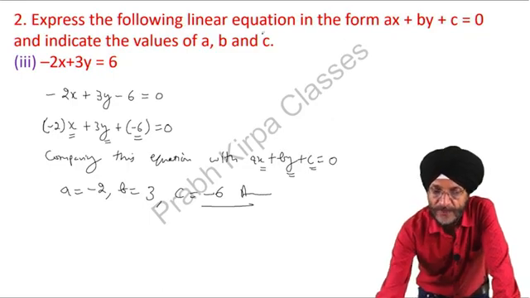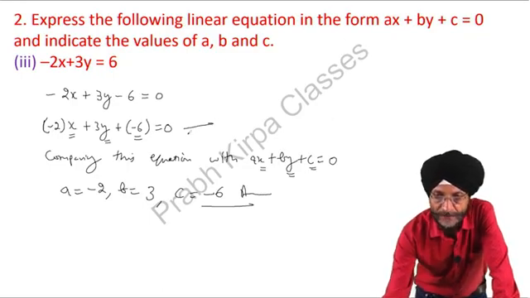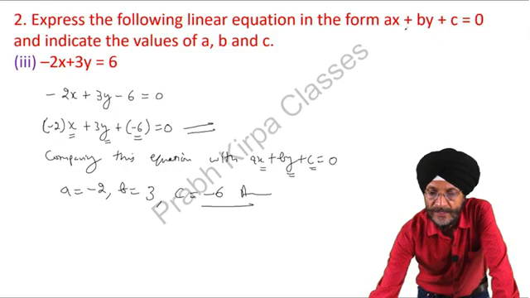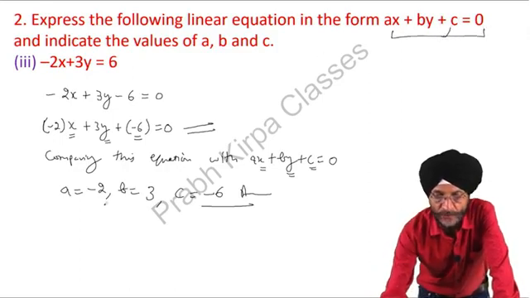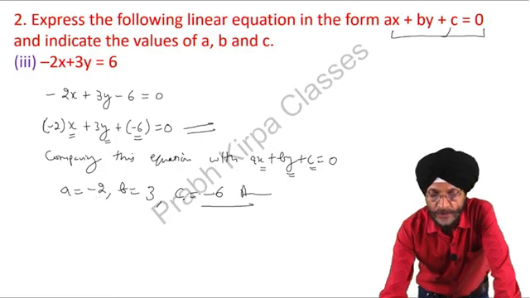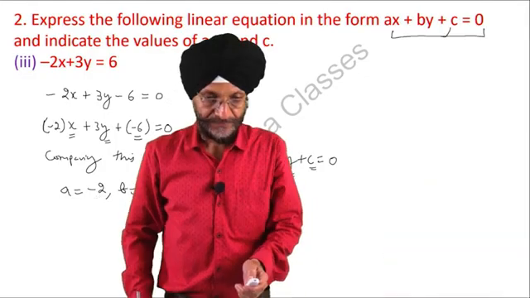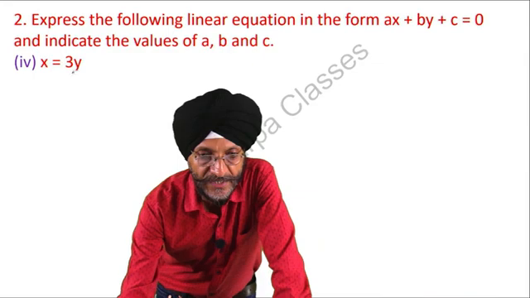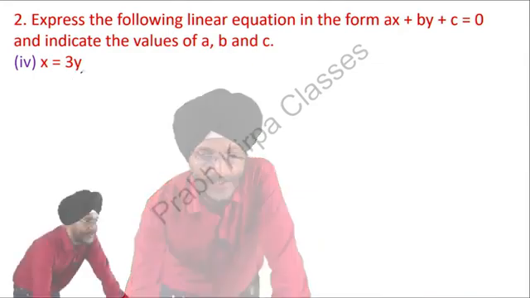We have formed the linear equation in the form of this equation, and we have also indicated the values of a, b and c. Now the next is x plus 3y is equal to 0.